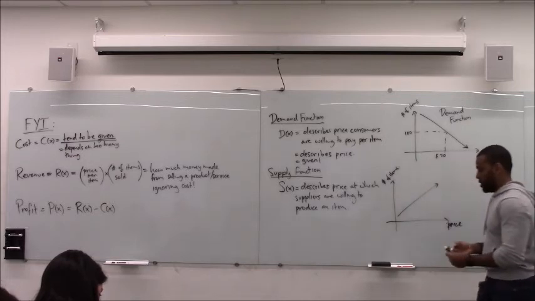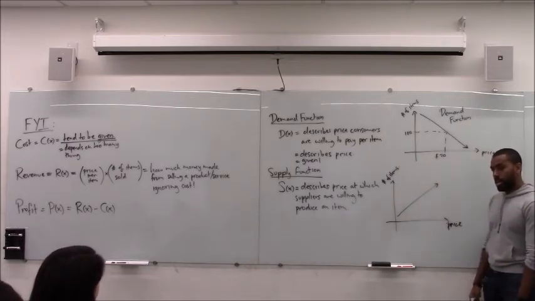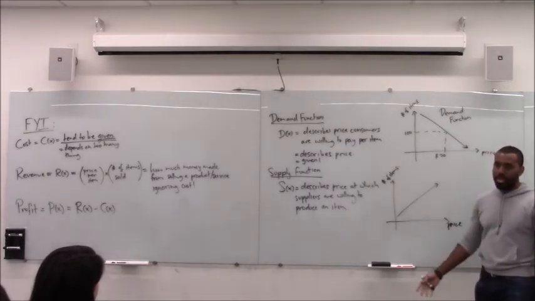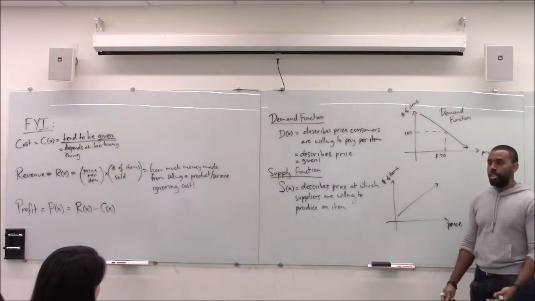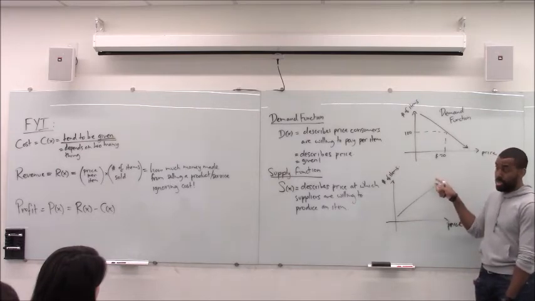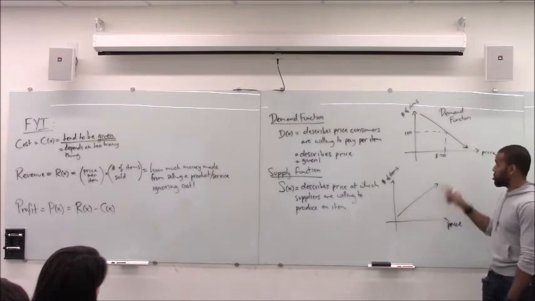If you come to me and say, I'd like you to build me an iPhone, I'll give you $20 for it, I've got stuff to do this week. But if I'll pay you $1,000 for it, I can make 10 of them by next week, right? The higher the price I can charge, the more I'm willing to produce because that's more profit, that's more money, right? So the supply function tends to rise over time.